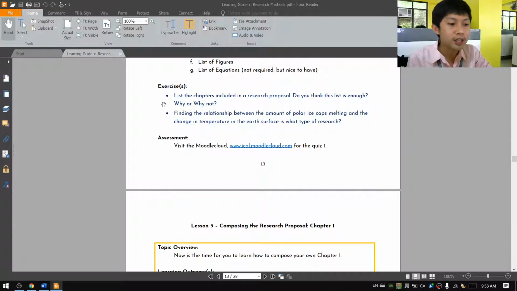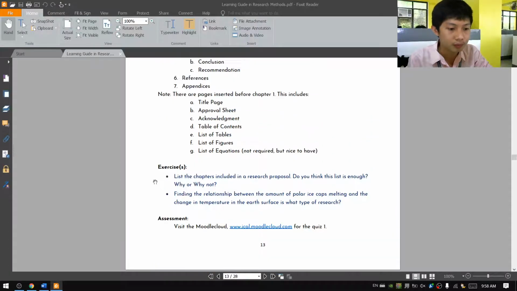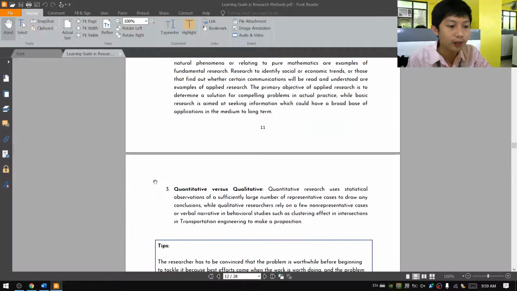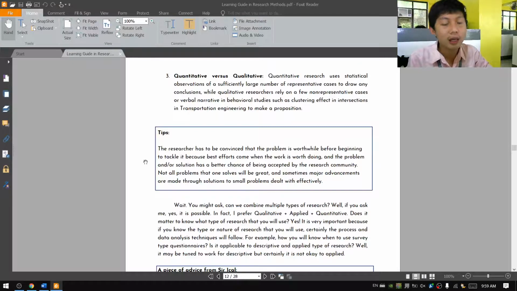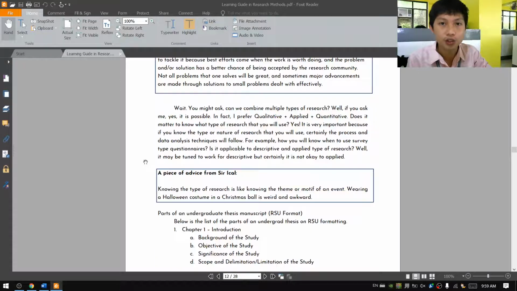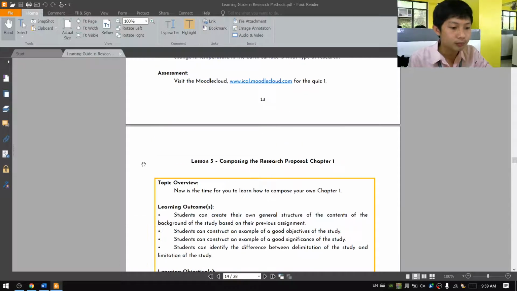Finding the relationship between the amount of polar ice caps melting and the changing temperature on the Earth's surface is what type of research? This is more of a quantitative research, and it could also be a descriptive one. You know why?